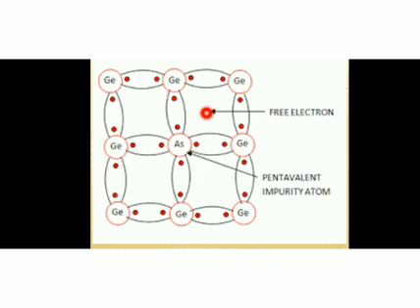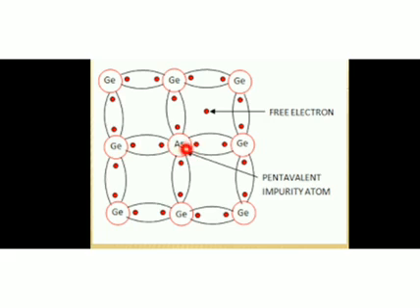For that, we need to consider the crystal structure again. This is the pure germanium crystal structure, and to it we add an arsenic atom, a pentavalent impurity. We can add any pentavalent impurity. When an arsenic atom is added, it can be considered an impurity atom.